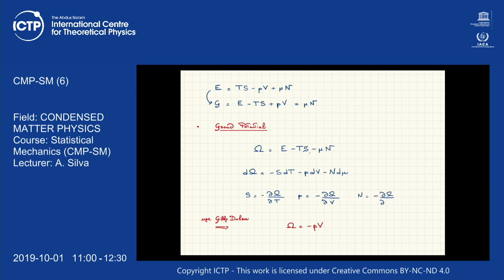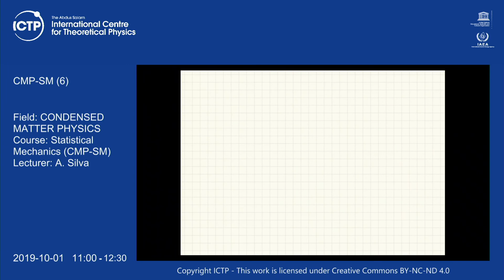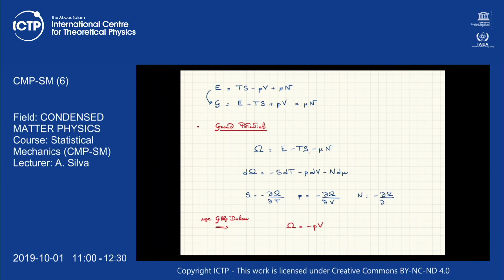All right, so now let us finish. Can I have a question? Yeah, sure. In every potential that we defined right now, the temperature, which is intensive, is coupled with its conjugate extensive quantity, entropy, and so on.